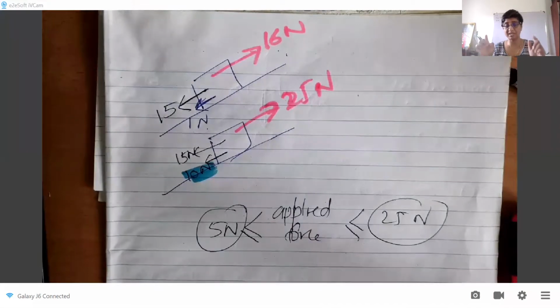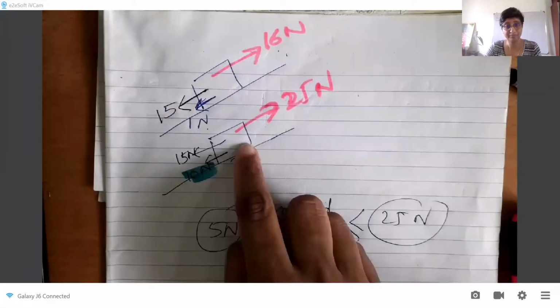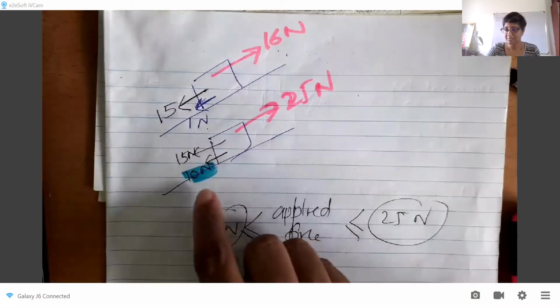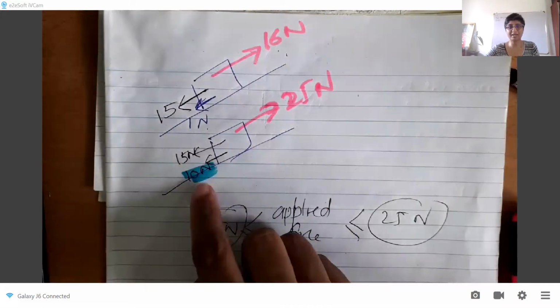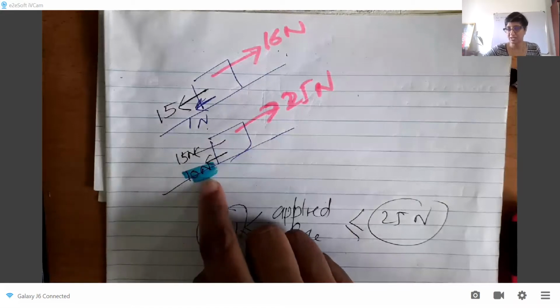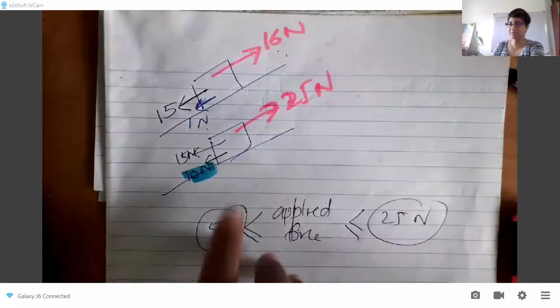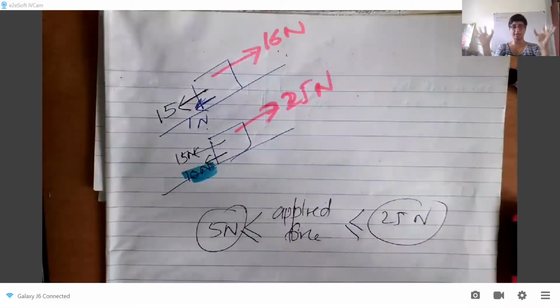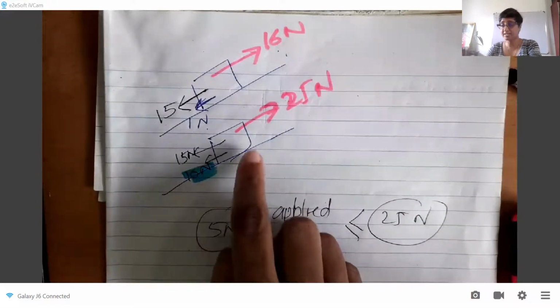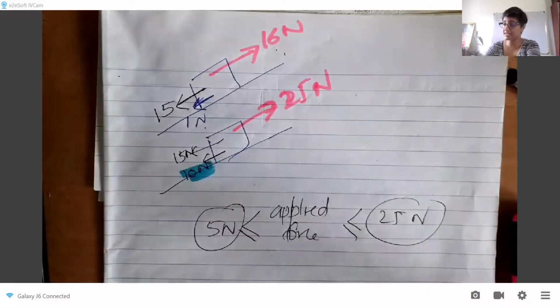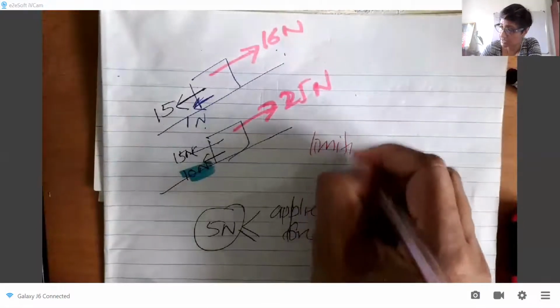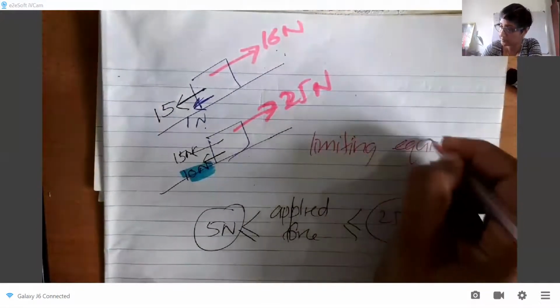Why do I call it limiting equilibrium? It's in equilibrium, but it's about to move. The maximum friction is acting. The next moment, if I change my applied force by 0.1, it will start to move. So the two extremes, 5 and 25, correspond to limiting equilibrium.